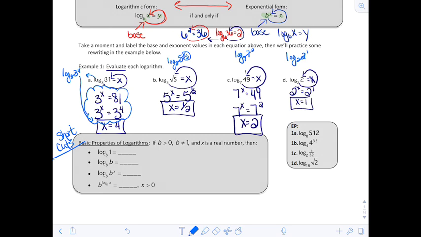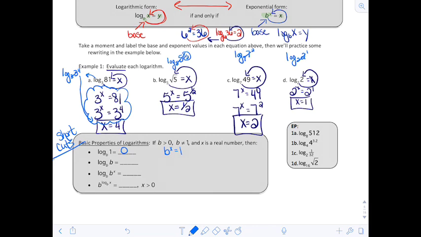The first one is the log base b of 1 always equals what? So if I think to write that as an exponential, it would be b to the x equals 1. And we know that anytime something to a power equals 1, that exponent had to be 0. So log base b of 1 is 0.